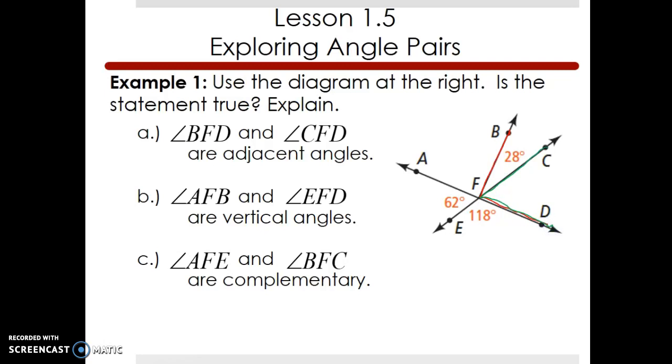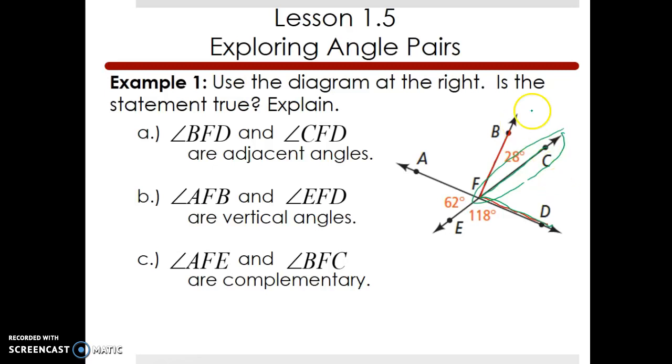Are they adjacent? If we remember the definition of adjacent angles, the only thing they should have in common is a ray. They do have this ray in common, but that's the only thing they can have in common. They cannot have common interior points.